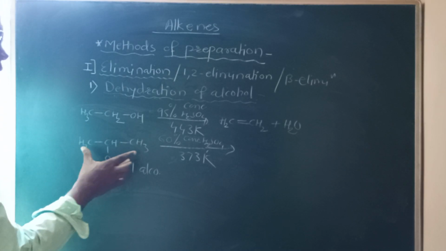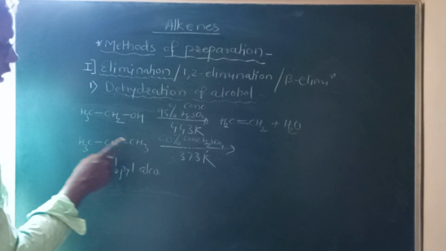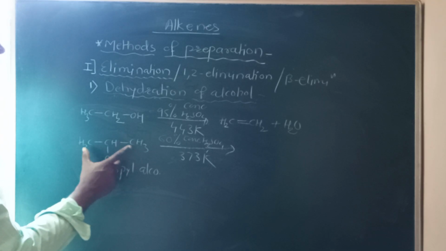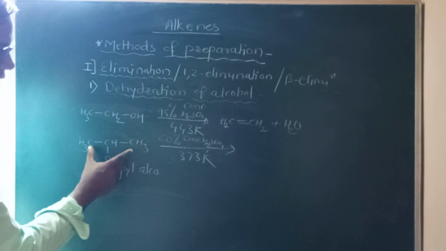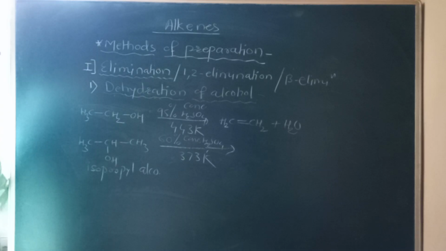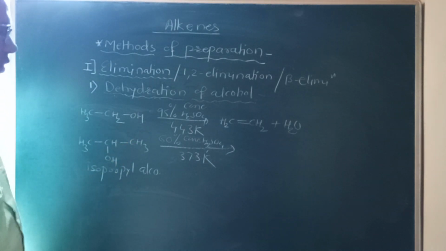So now two possibilities are here. H gets lost either from this carbon or from this carbon. But if you check the equivalency of these two carbon atoms, they are equivalent carbon atoms, because both carry 3 hydrogen atoms. So you can remove H from either carbon, resulting in the same alkene.